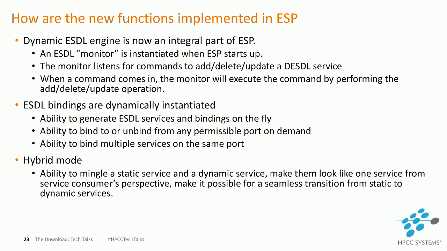The ESDL bindings are all dynamically instantiated. The ESDL services and bindings are generated on the fly, and are bound or unbound from the port on the fly, on demand. You can bind multiple services on the same port. And we also provide a hybrid mode to help transition from static to dynamic services.